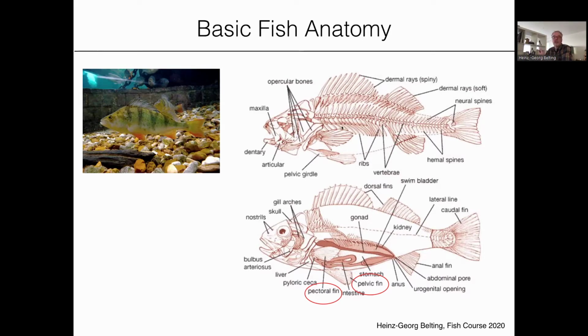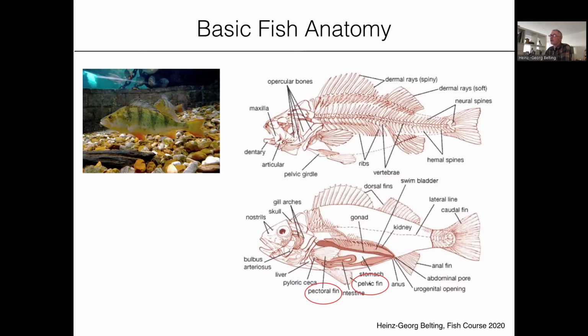We don't have fins, but some of the fins are actually homologous to some of the structures that we have, particularly the pectoral fin that is homologous to our arms. So it expresses basically the same genes as our arms, and they're formed in a similar way, and the pelvic fin corresponds to our legs. So in a way, they also have the four limbs.